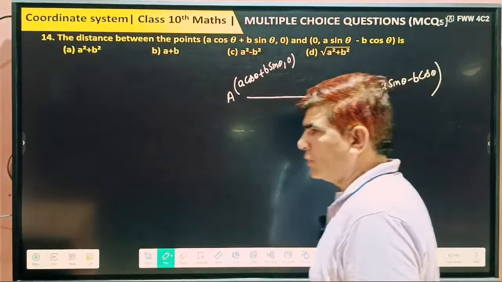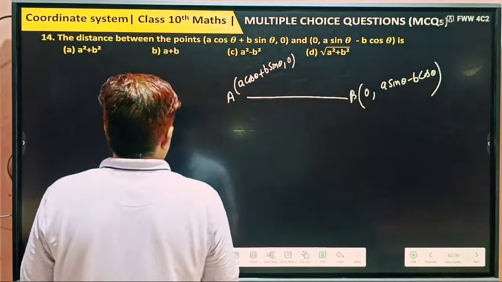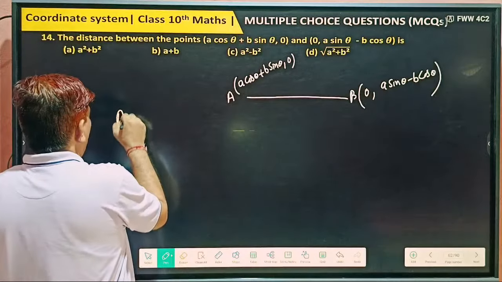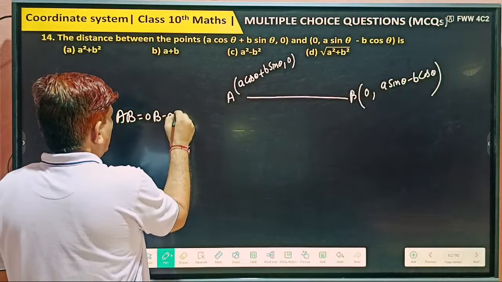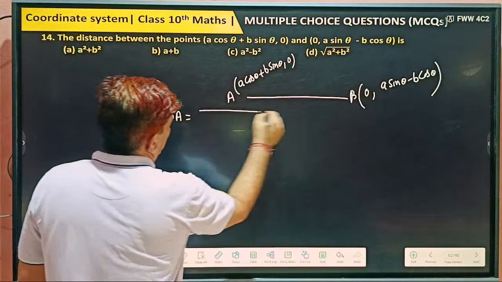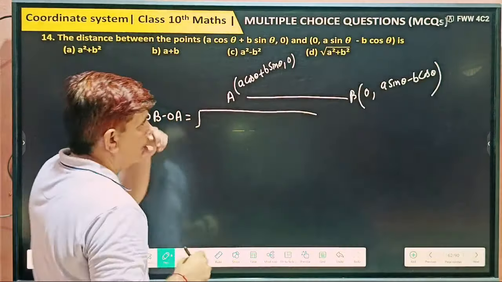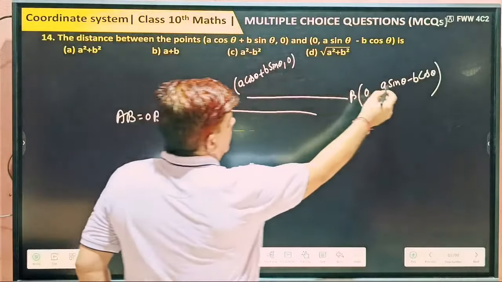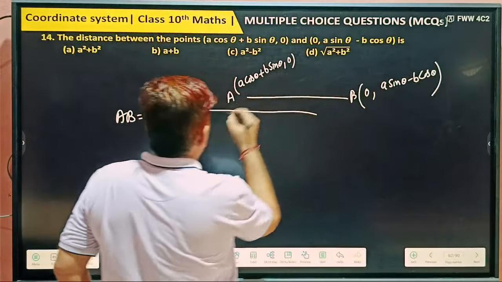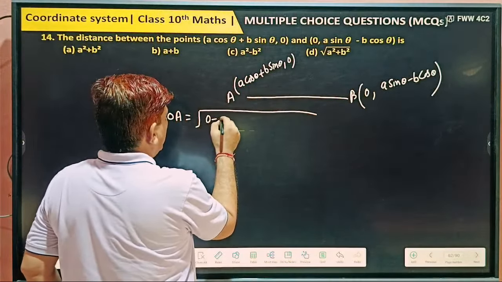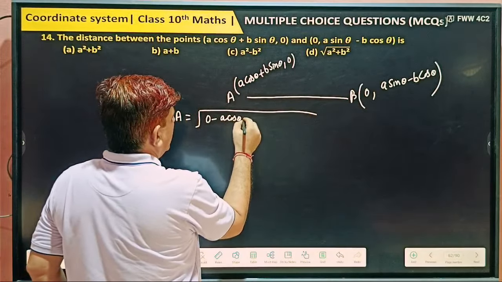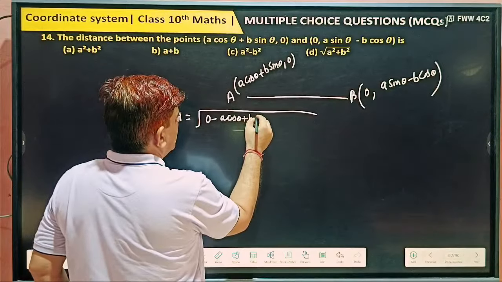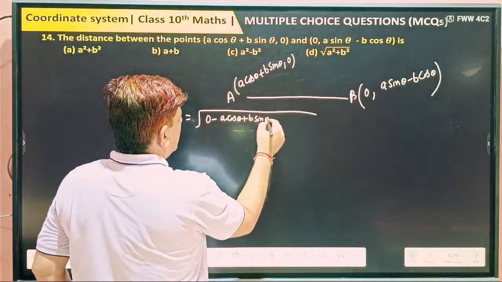Distance you have to find out. So distance we can find out by using the distance formula. AB equal to OB minus OA, which is equal to under the root of (OB, this 0 minus this 0 minus A cos theta plus B sin theta).